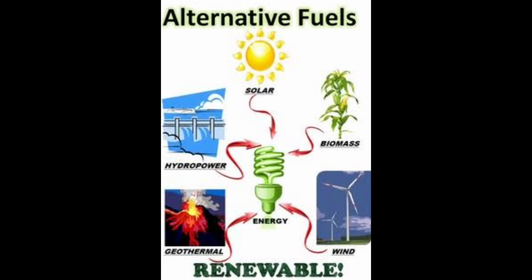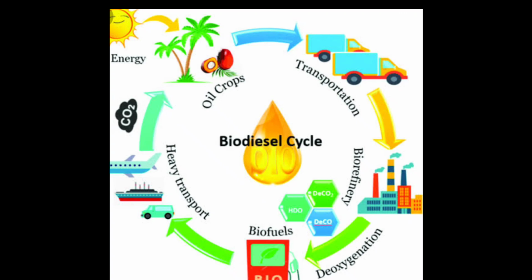So we are going to discuss some of the alternative fuels given below. First one, biodiesel. Biodiesel is a fuel obtained from vegetable oils such as soya bean oil, jatropha oil, corn oil, sunflower oil, cottonseed oil, rice bran oil, and rubber seed oil.